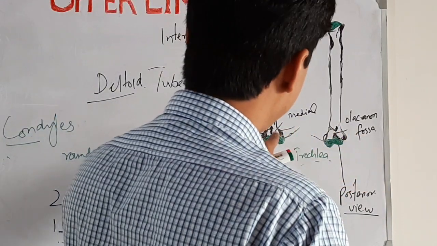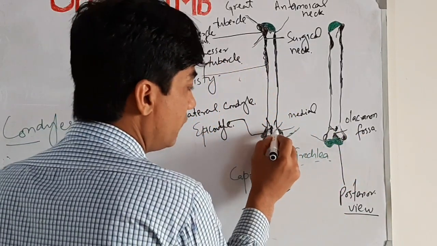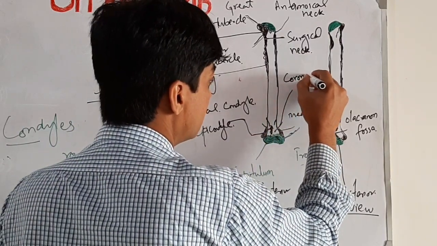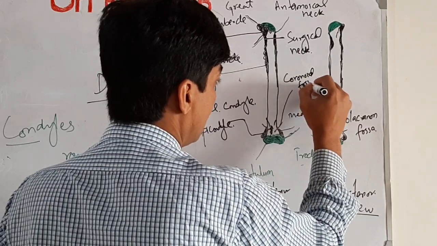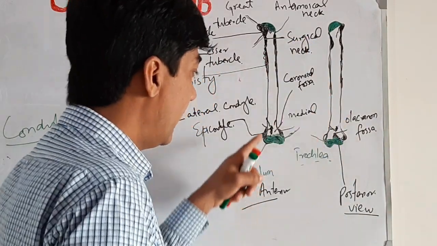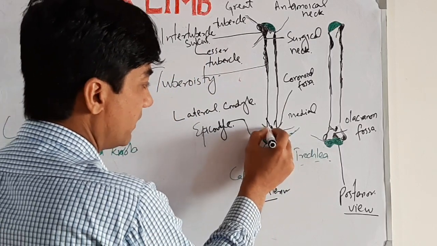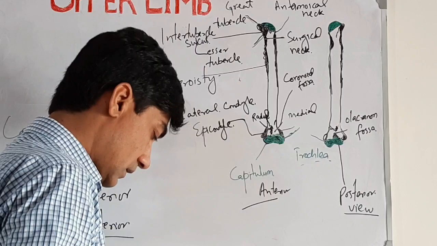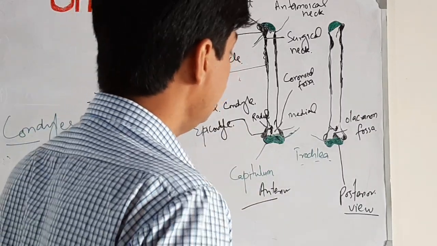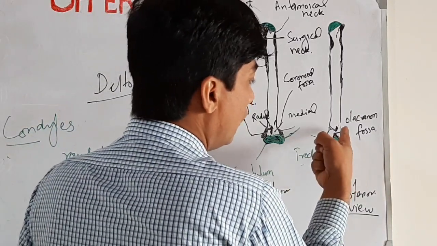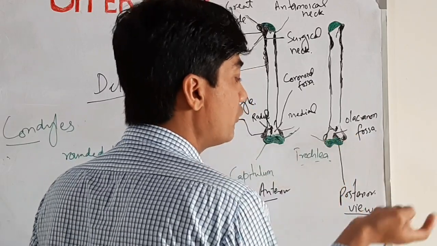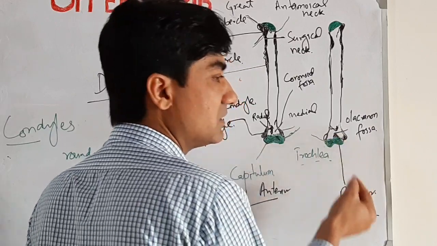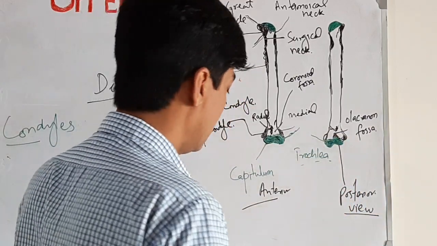Anteriorly the medial fossa is called the coronoid fossa, and the lateral fossa is called the radial fossa. Look at it. The olecranon fossa lies posteriorly on the distal part of the humerus, where the olecranon process fits.